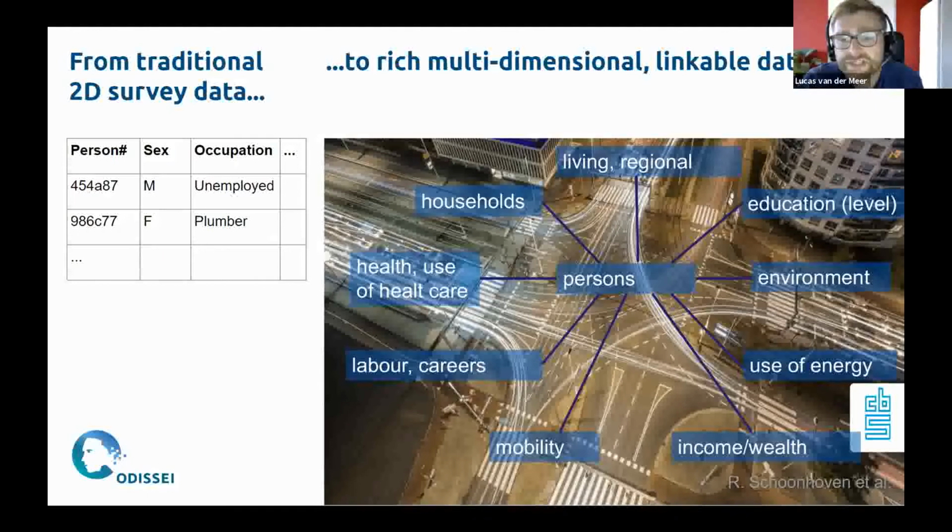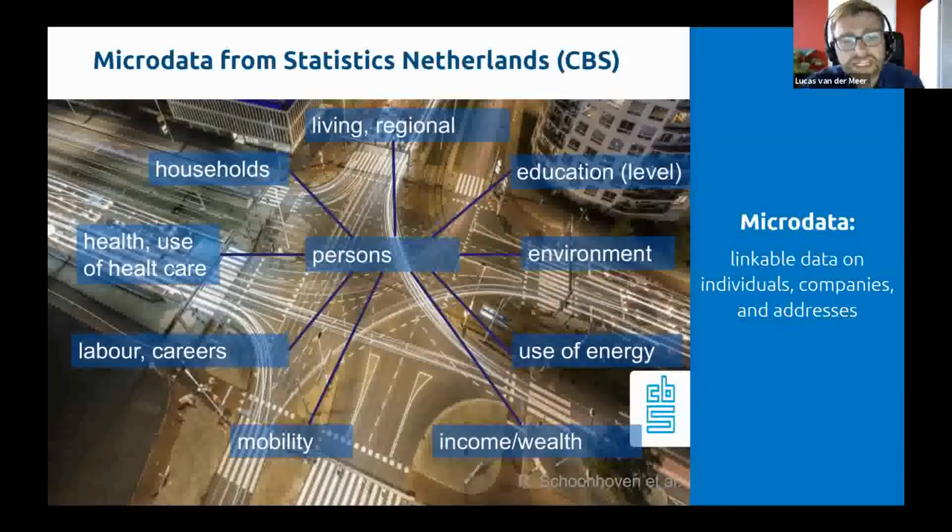For that, they use a lot of different data sets on persons, education level, use of energy, mobility, etcetera. The statistics they use are aggregates of microdata. And microdata are linkable data on an individual, company, or address level, so on the lowest level.